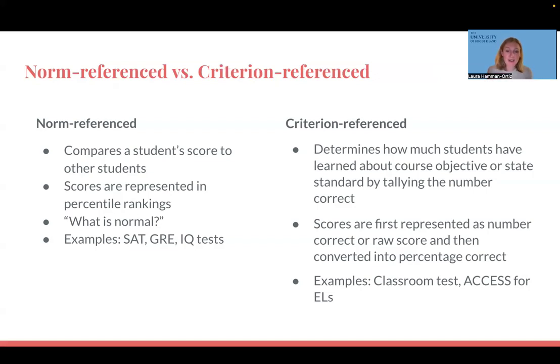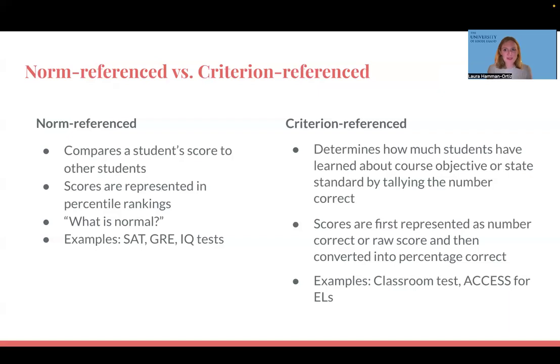Criterion reference, on the other hand, is more focused on the specific objective or standard. And then it's determined by tallying how many questions the student got correct. Typically, you're still not given the scores as a raw score. Sometimes you are, but then it's often converted into a percentage correct or you'll see with the WIDA Access Test that they use a scale score, but it is still based not on how you're being compared to other students, but how you're performing based on the criteria of the test.